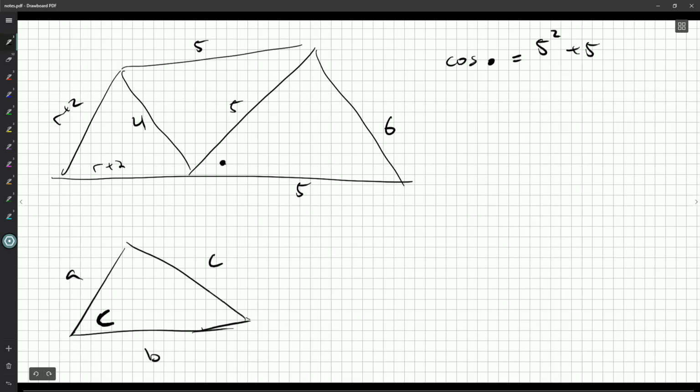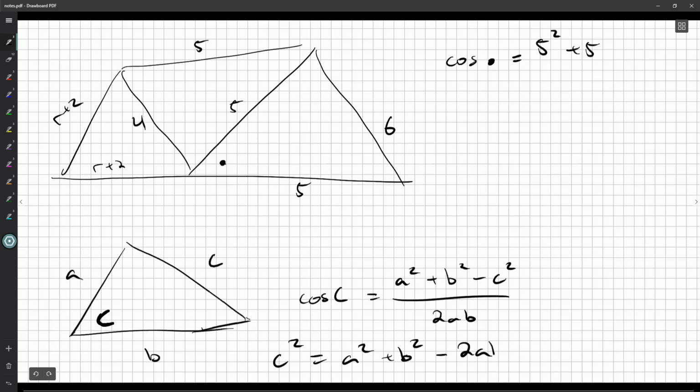So if we've got an angle C here, cosine of C is equal to a squared plus b squared minus c squared over 2ab. Another way to write this is c squared is a squared plus b squared, which would be the normal Pythagorean relationship, except you have to do 2ab cos the angle C. But when C is 90 degrees, this goes away, and that's where you get the Pythagorean theorem.